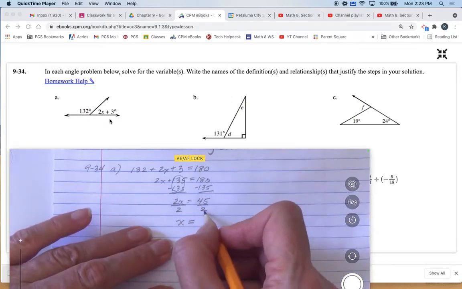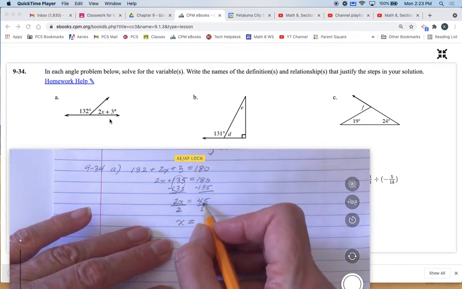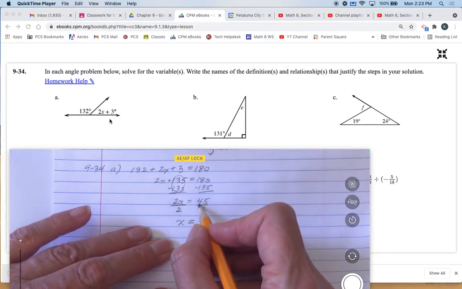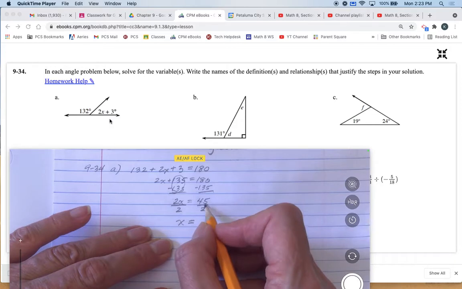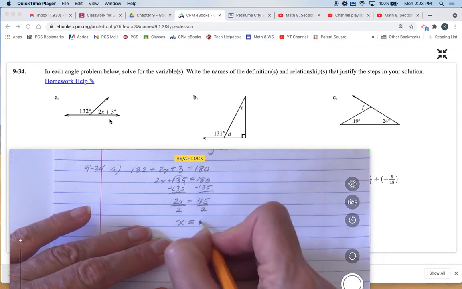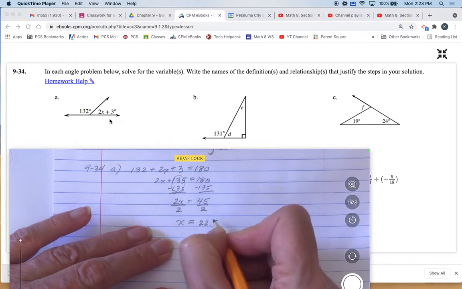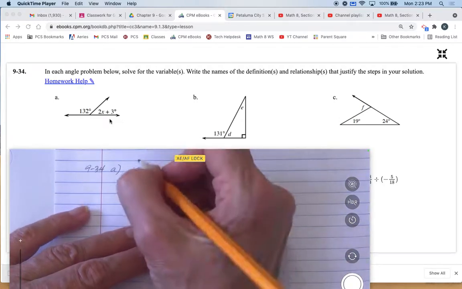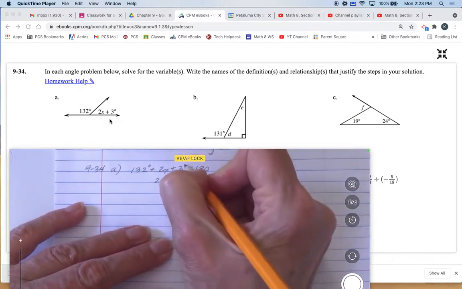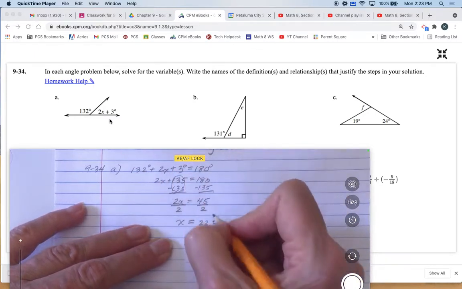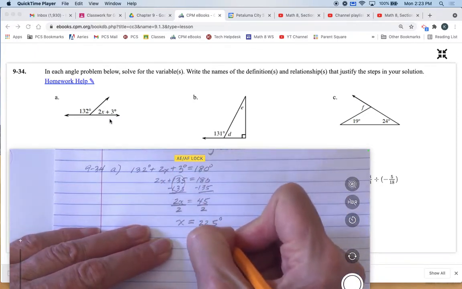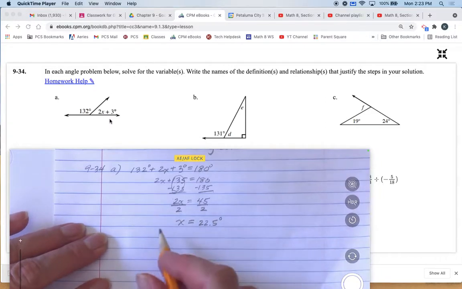And then 45 divided by 2 is 22.5. And remember, all of this was actually degrees, so this will be 22.5 degrees. That's x.